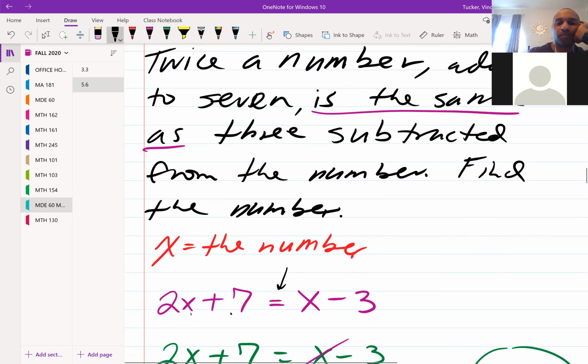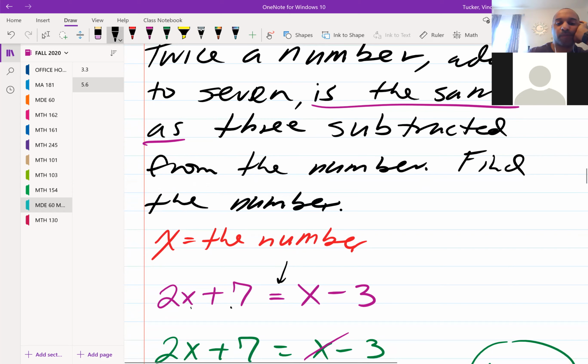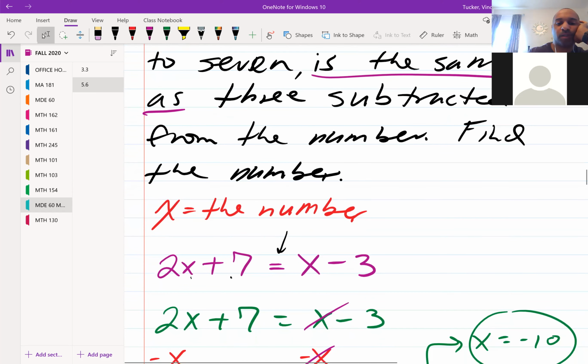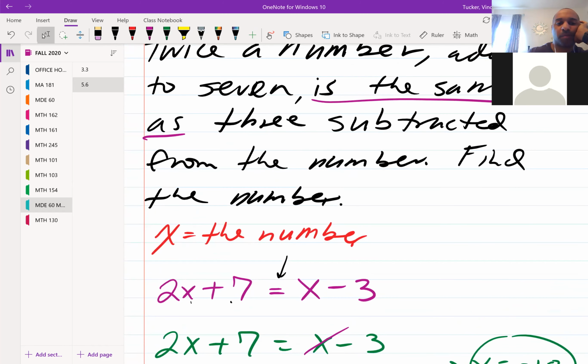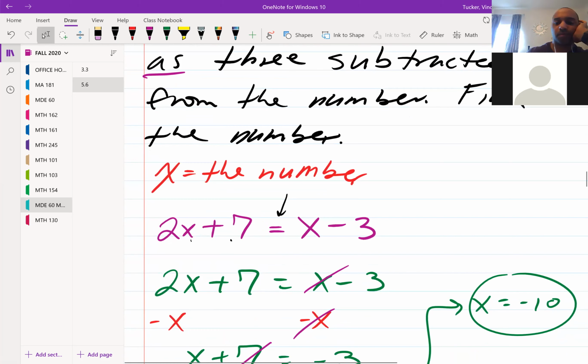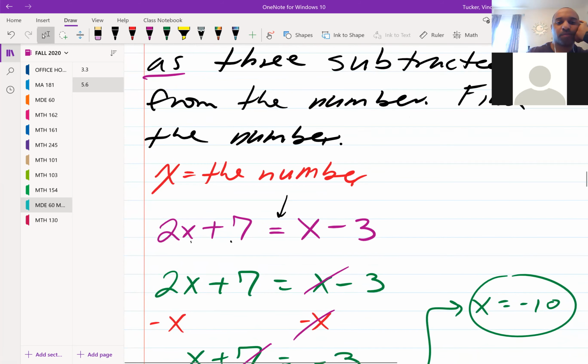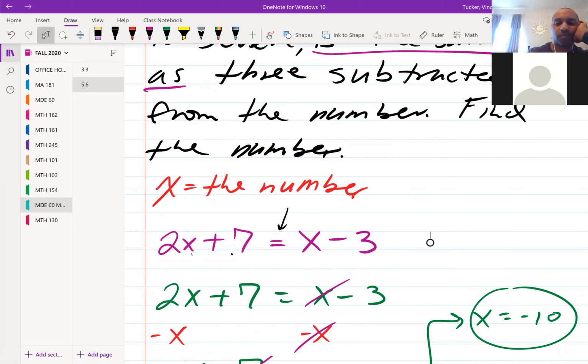Gotcha. So the same as means equal. Okay. All right.